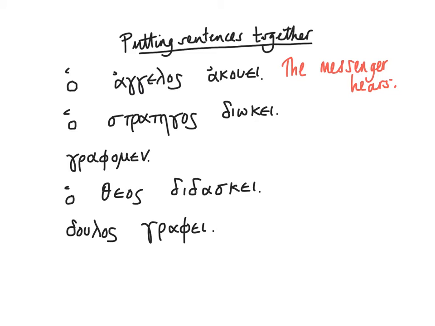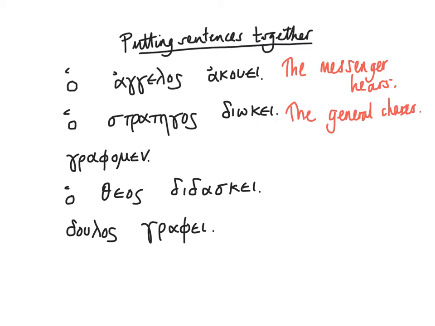Next one. Ho strategos dioke. The strategos, strategy. The word means general. Dioke, chases, pursues. I haven't said in this sentence who or what he's chasing or pursuing. Maybe an army. Maybe the enemy.